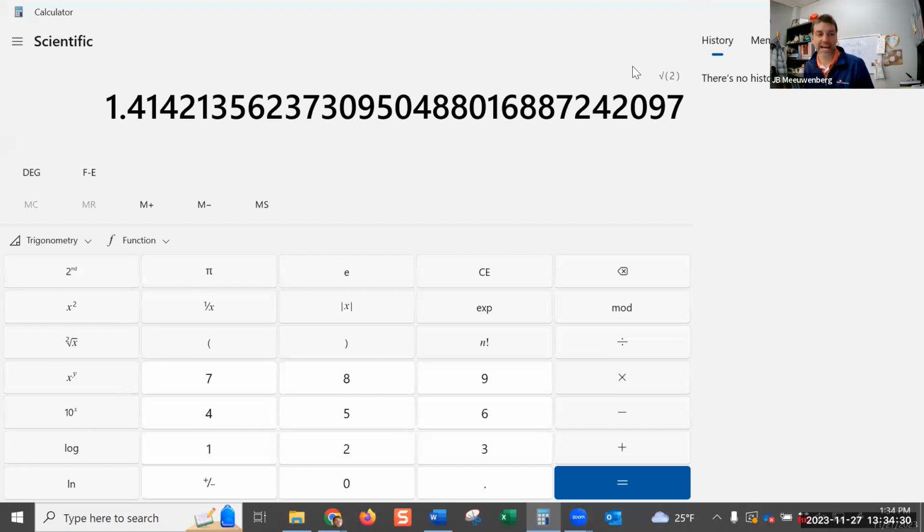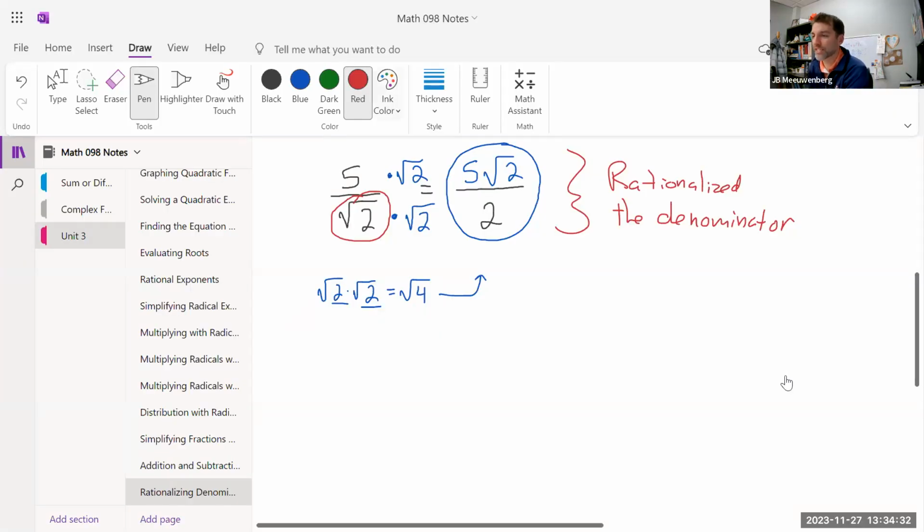We don't like to have irrational numbers in our denominators. We like to have rational numbers. Rational numbers are any number that can be written as a fraction. They're numbers that if you make them into a decimal, they either repeat or they stop, like the number 2. I much prefer to have a nice, neat whole number than an irrational number.